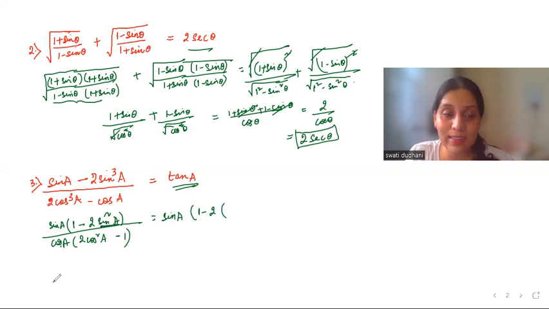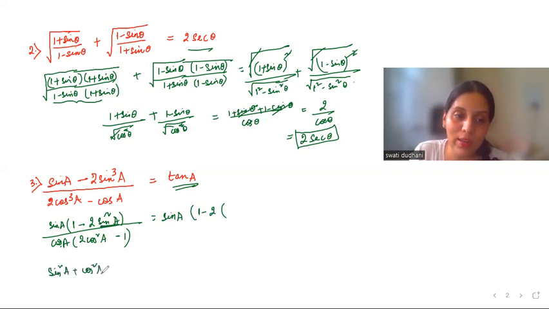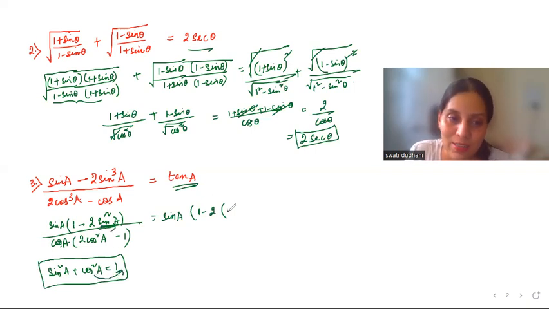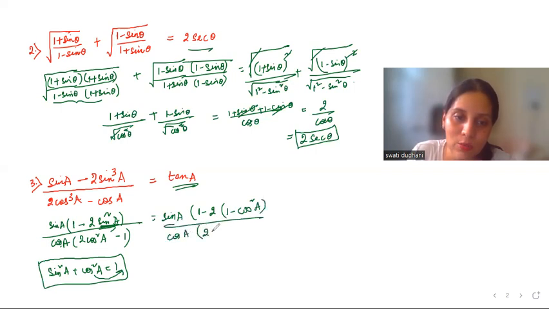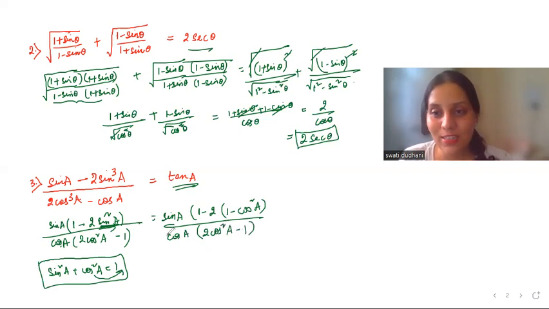You have the identity: sine square a plus cos square a is equal to 1. So from this, sine square a is 1 minus cos square a. So (1 minus cos square a) divided by cos a into (2 cos square a minus 1). The denominator I'm not changing. My main aim is to convert sine to cos so that I can get rid of the bracket part.